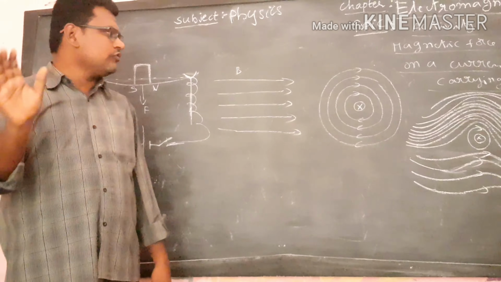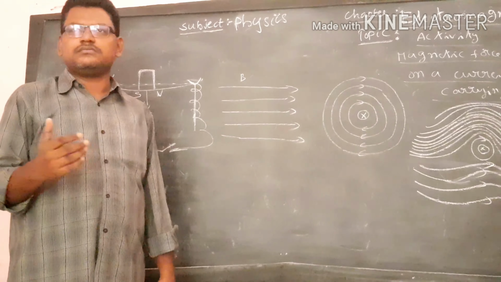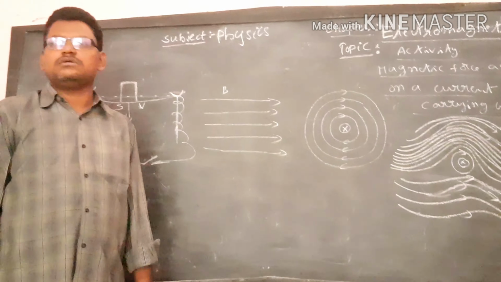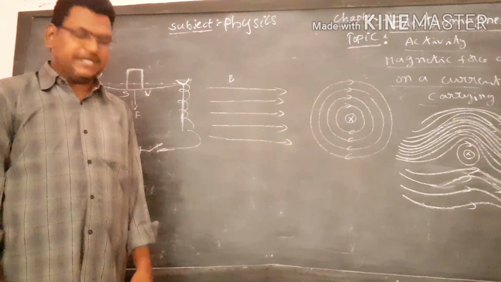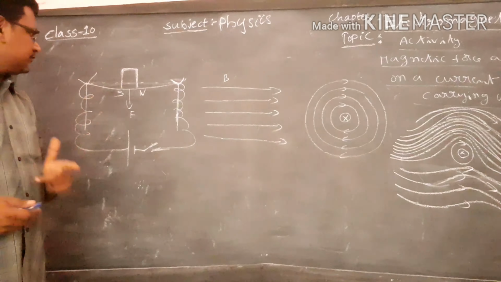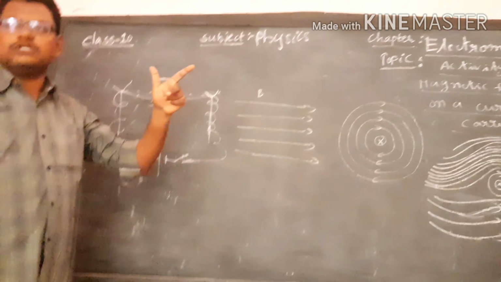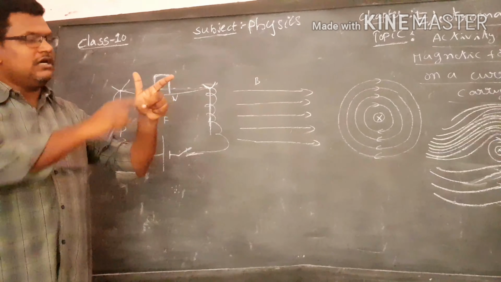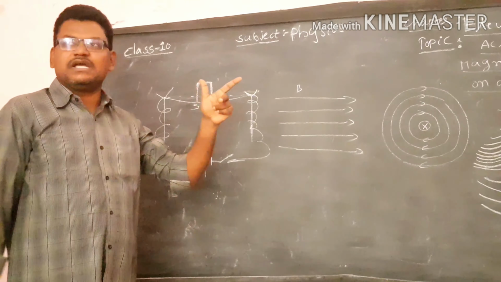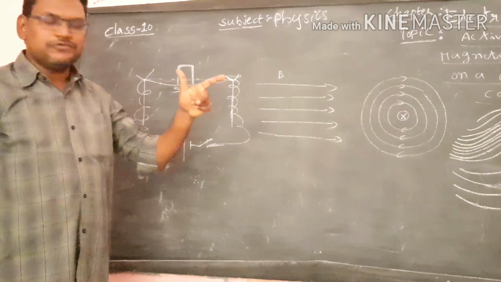Before going to know that, let's recall Fleming's left hand rule and Fleming's right hand rule. In Fleming's left hand rule, we stretch three fingers perpendicular to each other in this way. The forefinger represents the direction of the magnetic field, the middle finger represents the direction of the current, and the thumb represents the direction of the force.